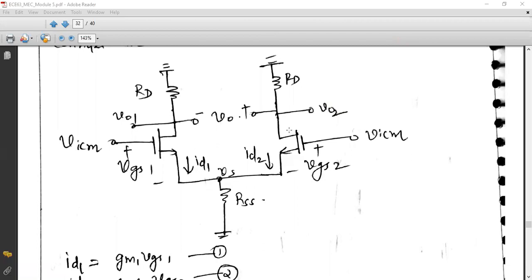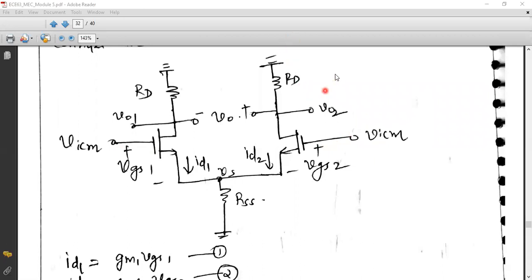In the circuit diagram, you can see that we have given VICM. VICM is the common mode input signal, which is given the same to the gate of Q1 and the gate of Q2. So both gates are fed with a common signal, called VICM.